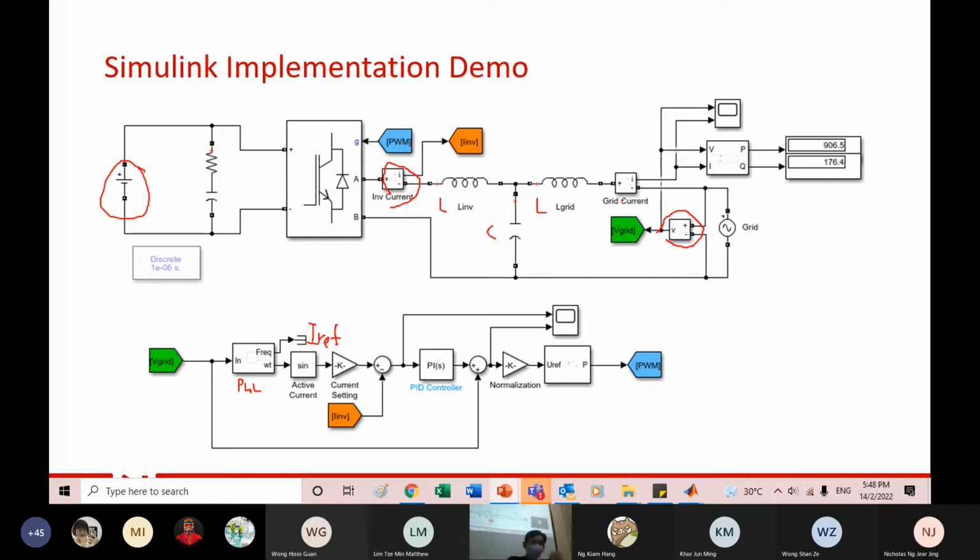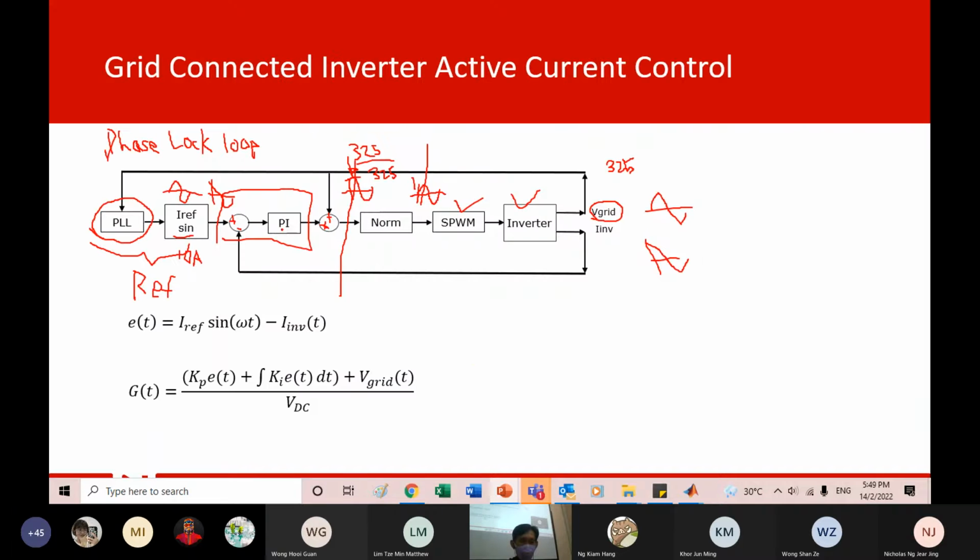Okay, because you want to measure how much the inverter is putting out. That's why you see I put color. So you know orange is connected. I no longer use lines, you see, because otherwise it was very confusing. So I use the port to tell you this is connected here. Then after that, go through a PI controller. Then remember we need to add back the voltage. You look here: PI controller, and we need to add them together.